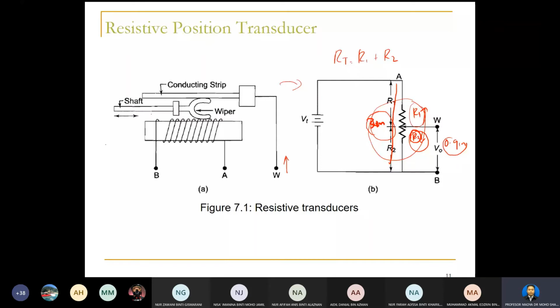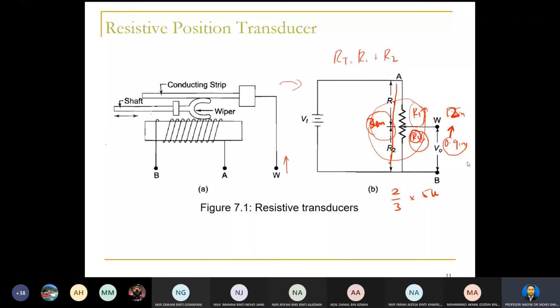If you increase this position, the resistance will increase. For example, maybe I increase it to 1.5. Oh, this is almost half, so maybe I increase to 2 inch. It means 2 divided by 3 multiplied by 5K. You can use your calculator.